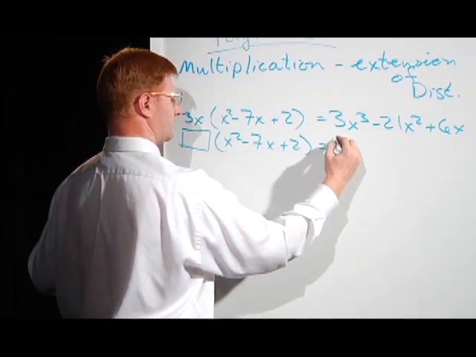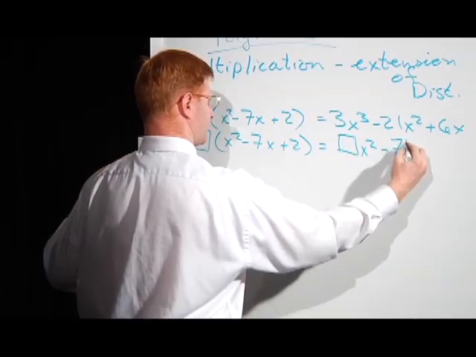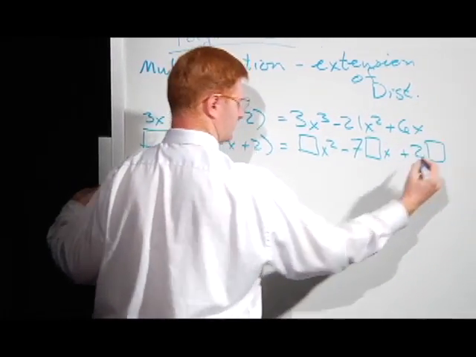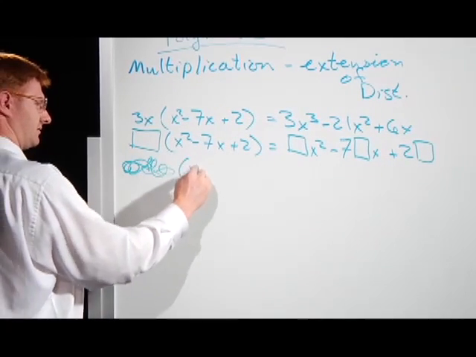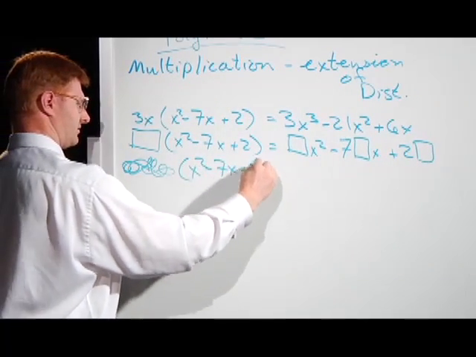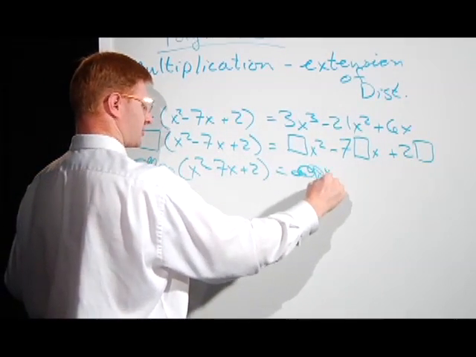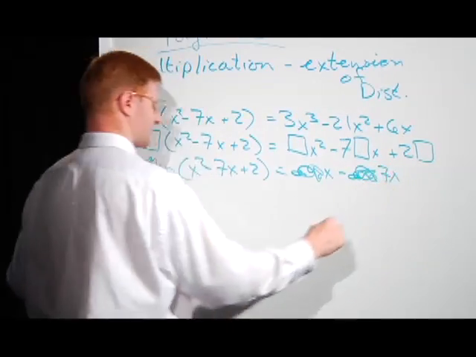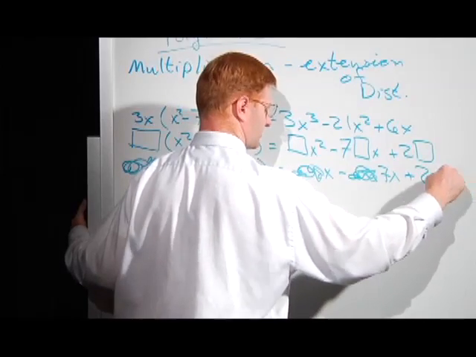Well, that's going to be square times x squared minus 7 square x plus 2 squares. In fact, I do a squiggle to make sure that they really have this down. That would be a squiggle x squared minus squiggle times 7x plus 2 squiggles, or squiggle times 2.